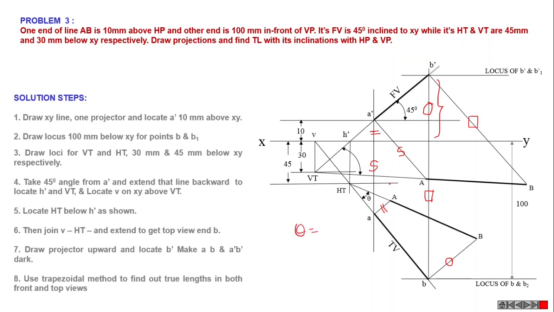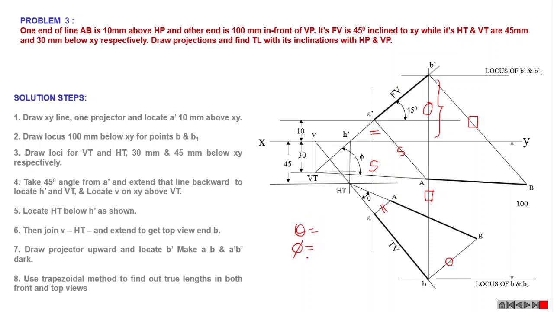And the angle between true length in elevation and front view, that angle will become phi, the true inclination with VP. In the trapezoidal method, we can easily find out that phi also.